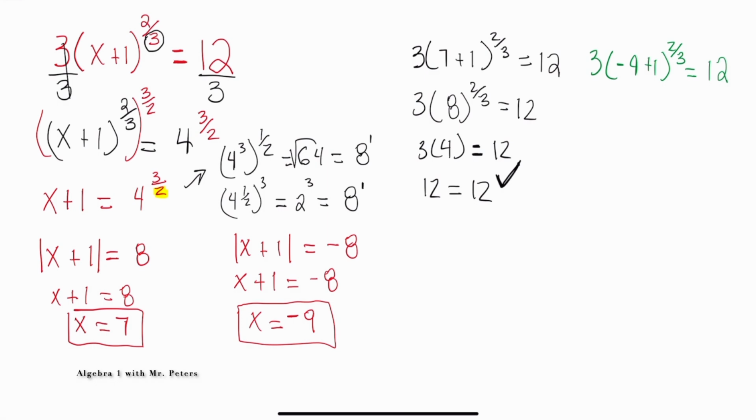After we combine, we're going to get -8 to the 2 over 3 power is equal to 12. So think about it. -8 squared is positive 64. The cube root of 64, like we said before, is just 4. So once we simplify, we're going to get 12 is equal to 12.